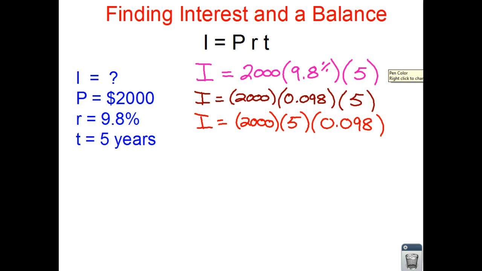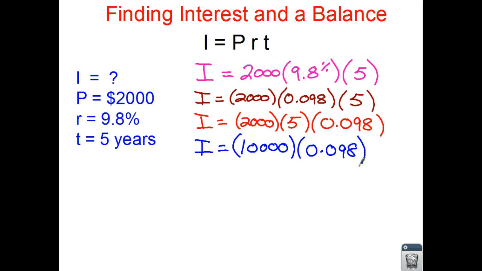And we have, all right, 2,000 times 5 is 10,000 multiplied by 0 and 98 thousandths. And we could do this a couple of ways. If you remember multiplying by powers of 10, we have 10,000.